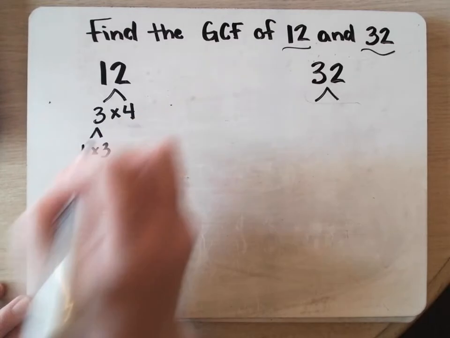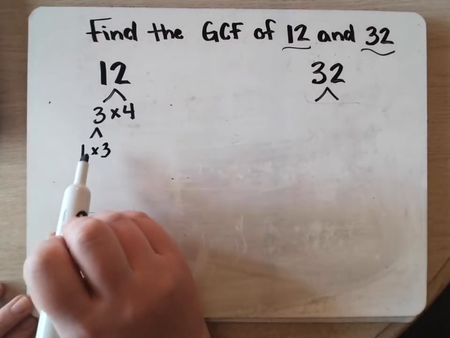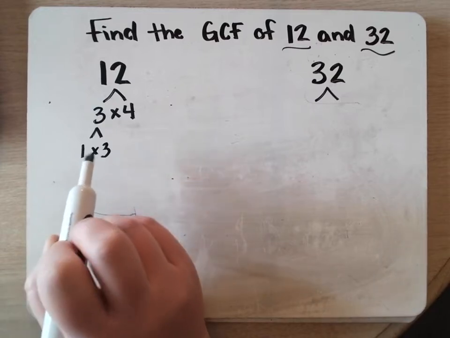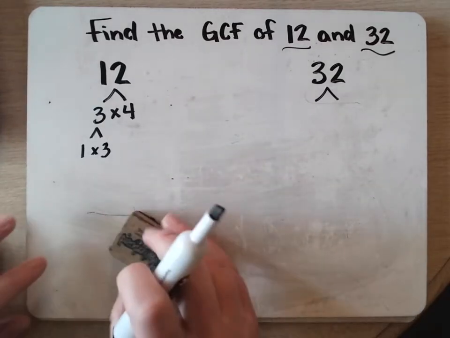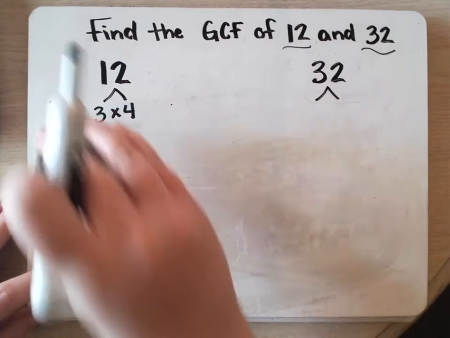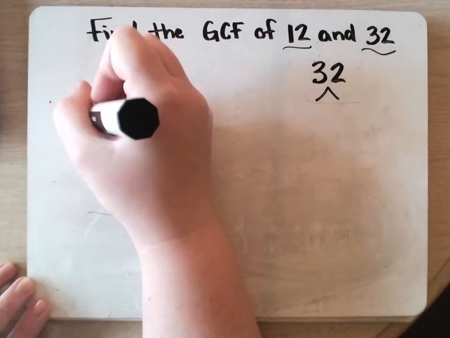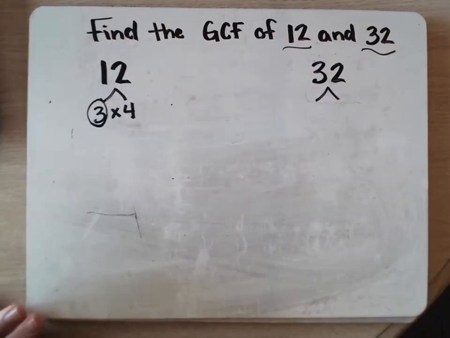Nothing times 2 equals 3, so now I know that this is a prime number. When you get all the way down to this step, you know that the only factors of 3 are 1 and 3, so you circle it because you're done with that one.